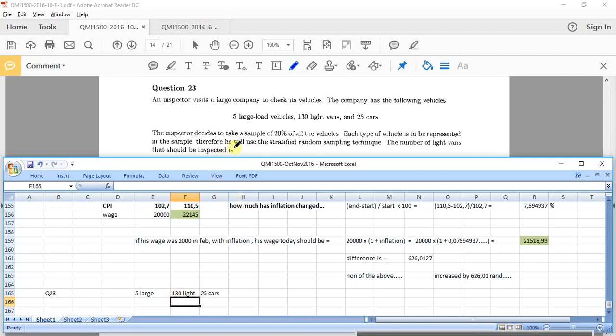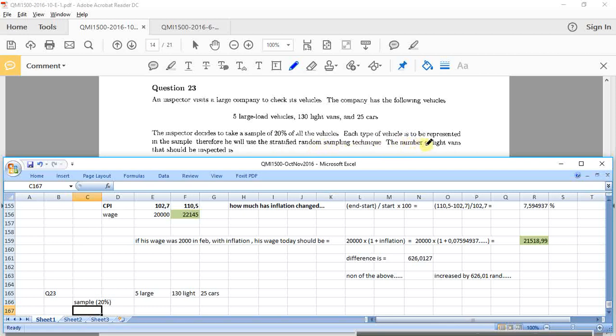The inspector decides to take a sample of 20% of all the vehicles. So if I'm sampling 20% of all the vehicles, each type of vehicle is to be represented in the sample. Therefore, he will use the stratified random sampling technique.